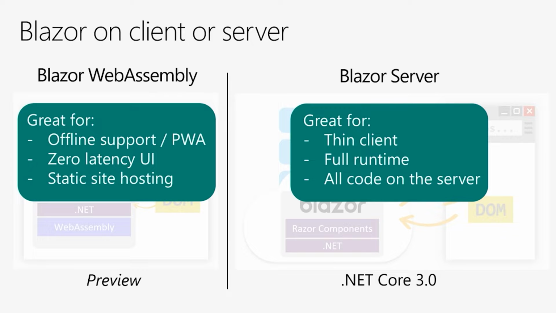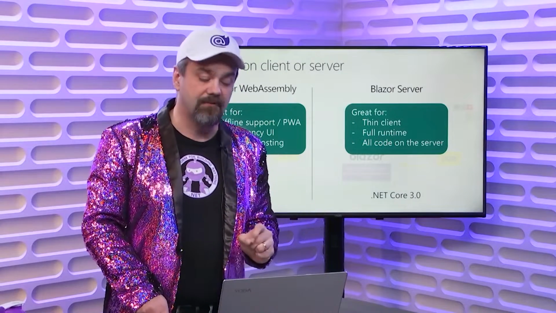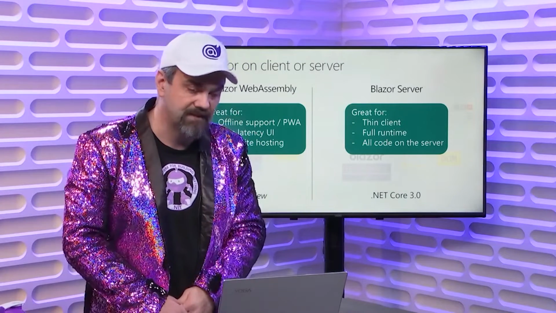Why would you choose one versus the other? We know a little bit about the technology of those two architectures. Blazor for WebAssembly is great for offline support or progressive web applications. You have folks that might be going out into the field and they're going to download that application and run it locally on their device, whether it's a tablet or a phone or some other mobile device. You're going to have great low latency user interface when they use Blazor with WebAssembly.